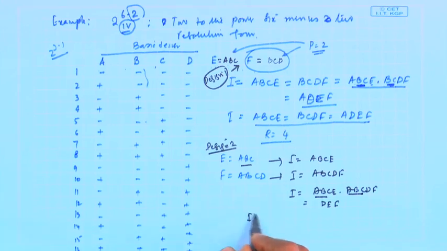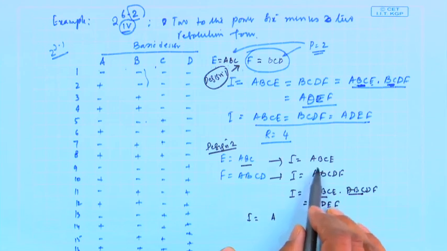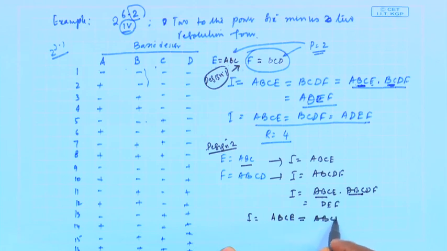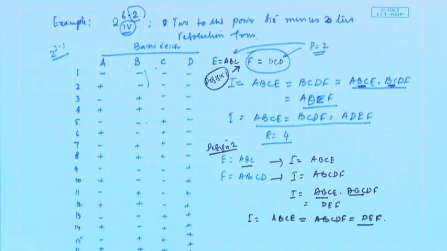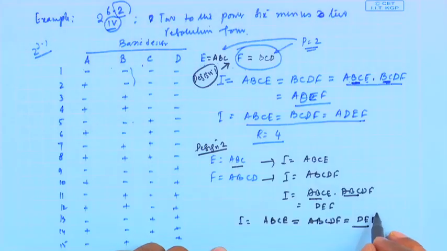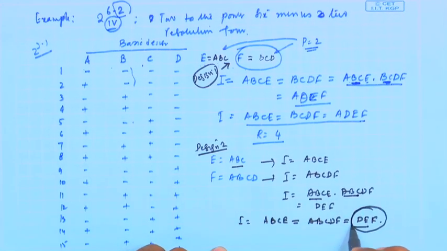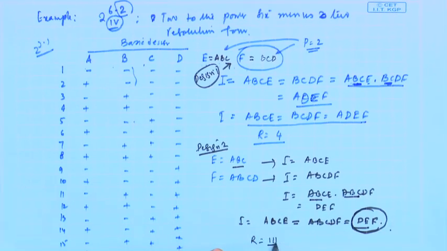So, that means your defining relation is ABCE equal to ABCDF equal to DEF. Okay. So, what is the resolution here? In the defining relation, the least number of words is 3. So, your resolution is 3 here.